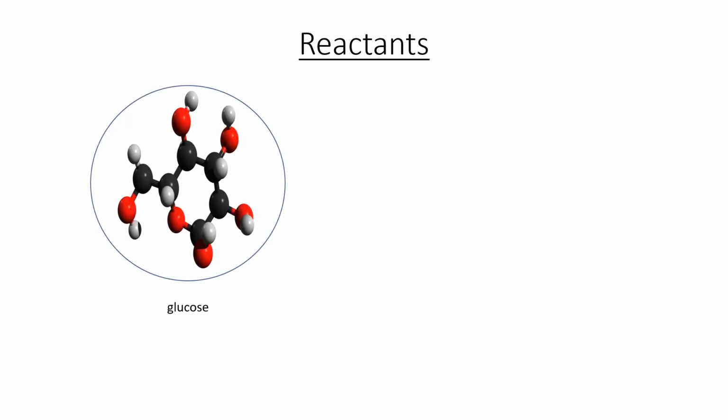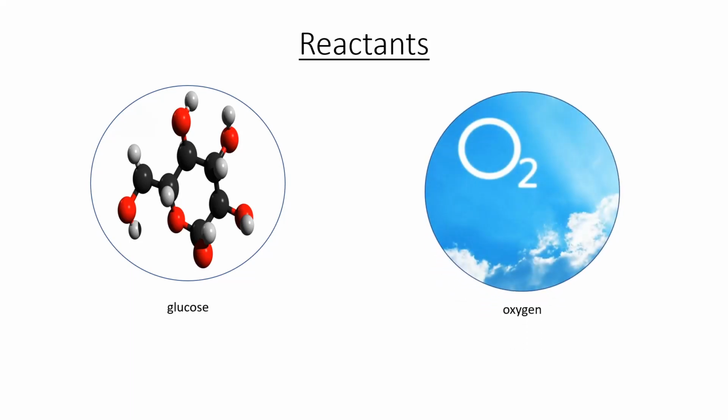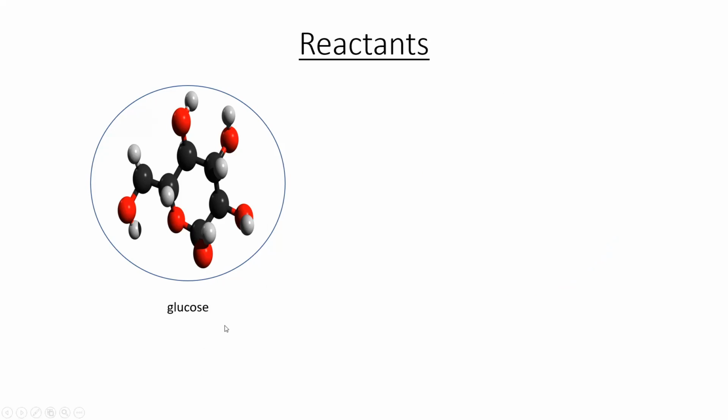Now, the main reactants of respiration, we have glucose and oxygen. I wonder if they seem familiar at all. Now, glucose we get from the food that we eat. So anytime you have a sandwich or an apple, you get some form of sugar.